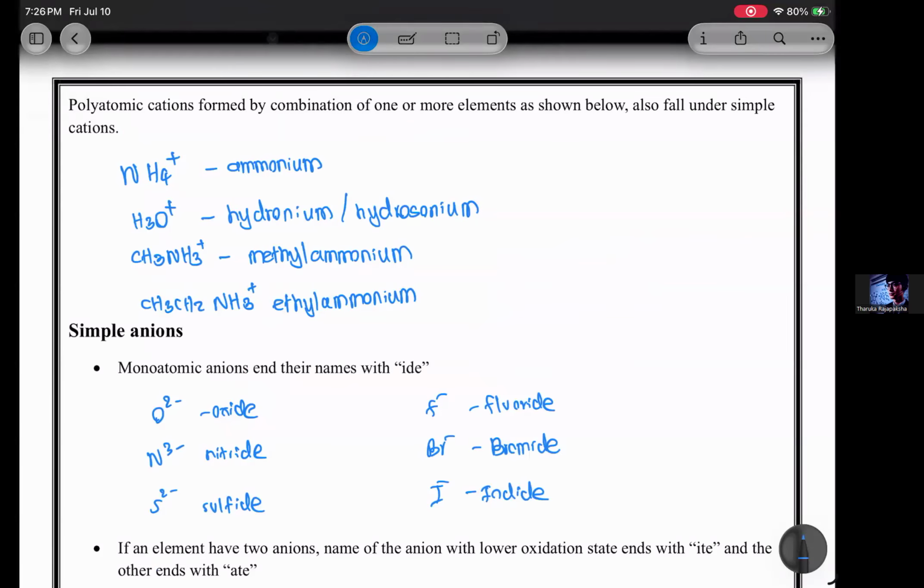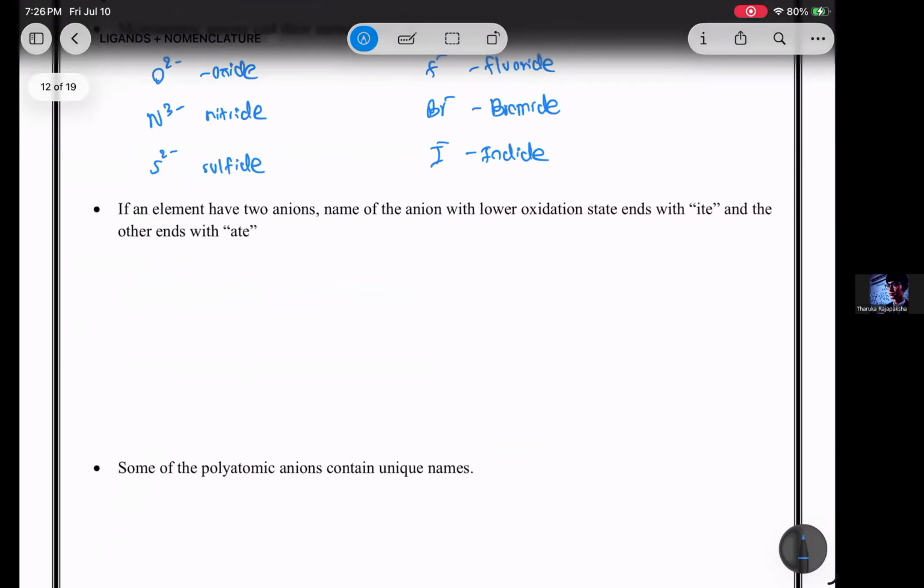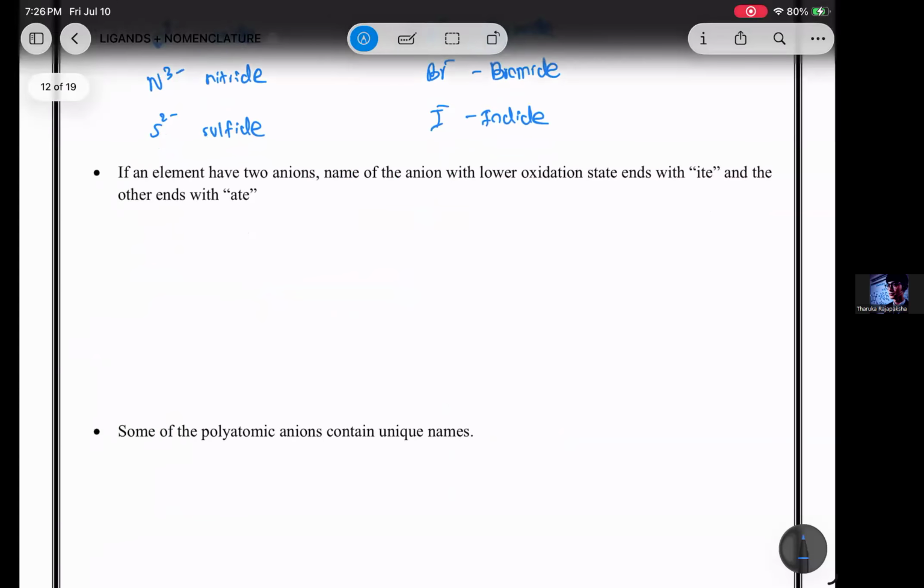If an element has two oxyanions, the name of the anion with the lower oxidation state ends with "ite" and the other ends with "ate." Sulfite, sulfate, nitrite, nitrate. Write the examples.